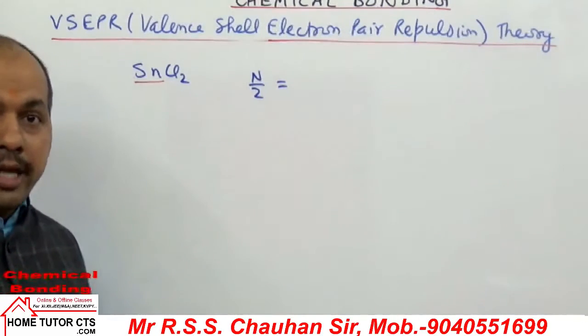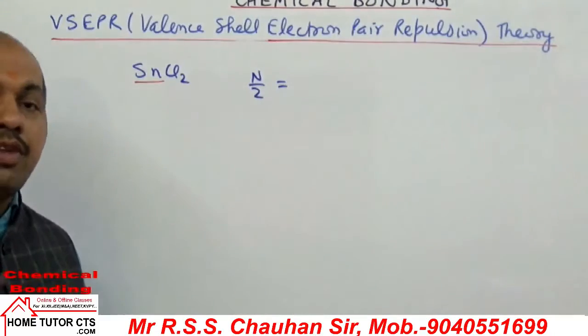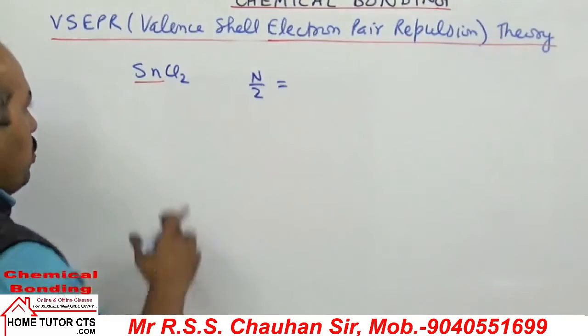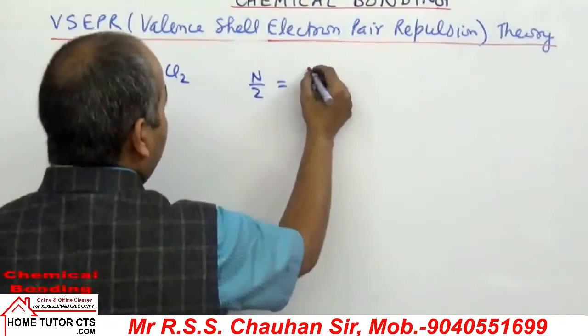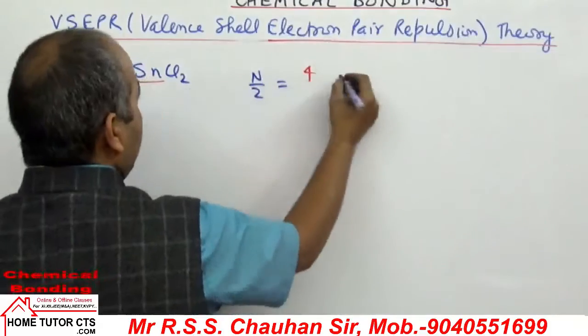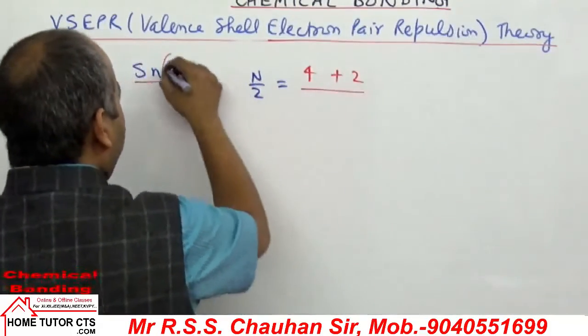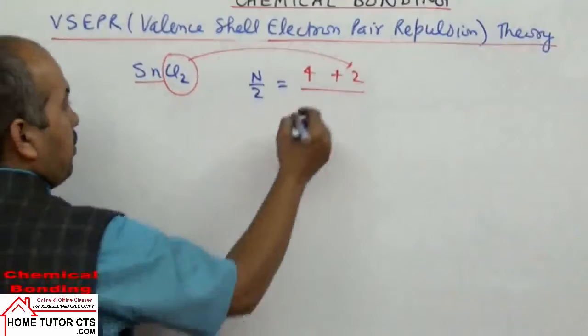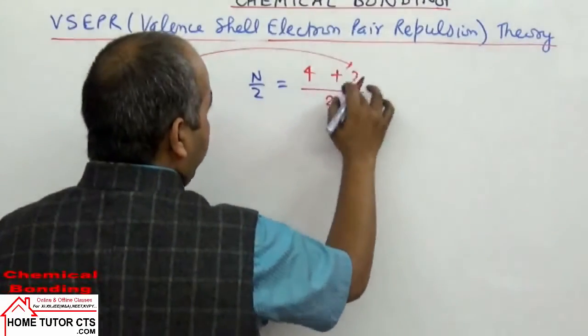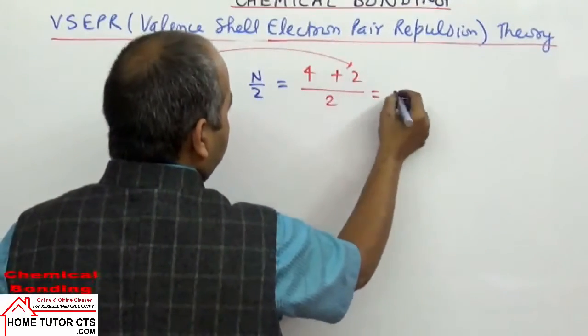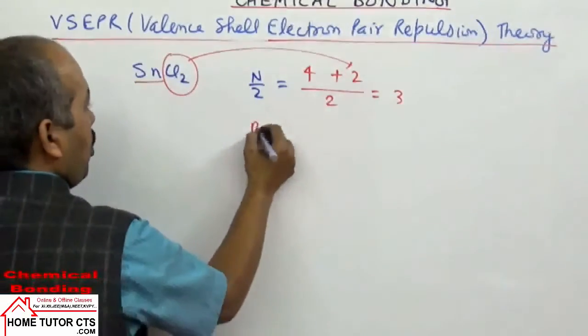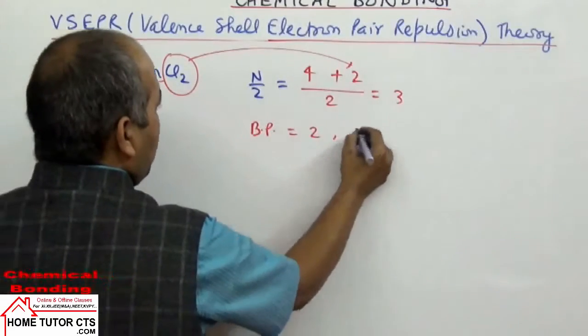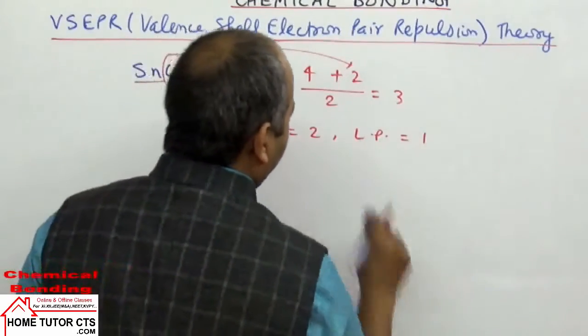All the element of same group, they will have same number of valence electrons. So 14 group element tin will have 4 electrons in the valence shell plus 2 atom chlorine, other atom is chlorine 2 atoms by 2, so it is 6 by 2 become 3. So we will have in this case bond pairs 2, lone pair 1.